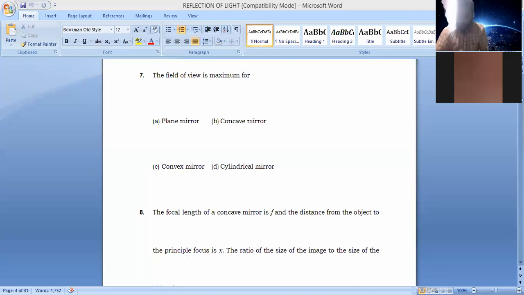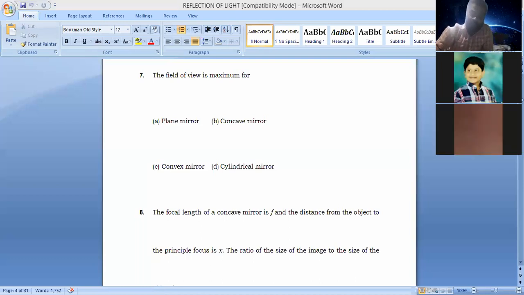That means in which area or in which direction we are observing the object, the plane, either the xy plane or yz plane or zx plane, in which plane we are observing the object, that can be called the field of view.